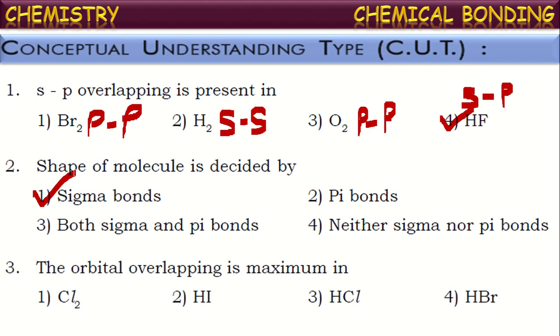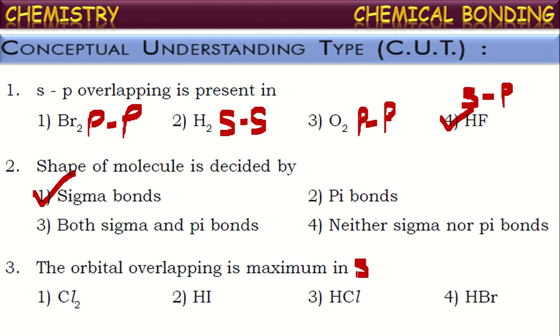Next one, the orbital overlapping is maximum in. Orbital overlappings are of different kinds. We have already seen ss overlapping, sp overlapping and pp overlapping. Out of these, as the extent of overlapping increases, the strength of the bond increases. So the overlapping extent will be maximum in case of pp overlapping.